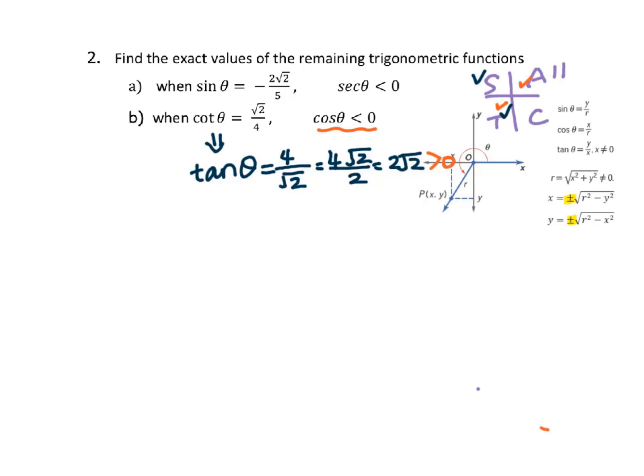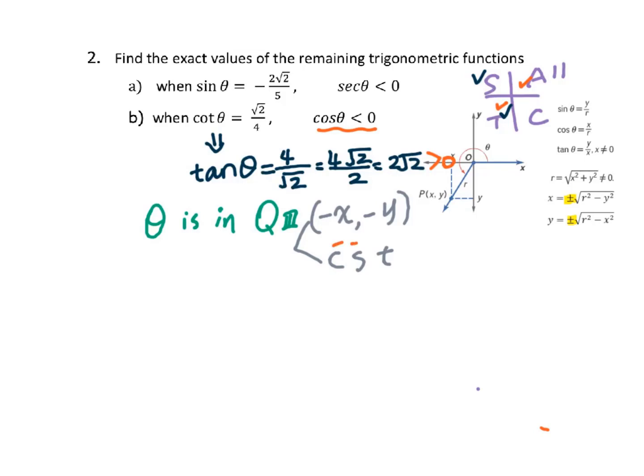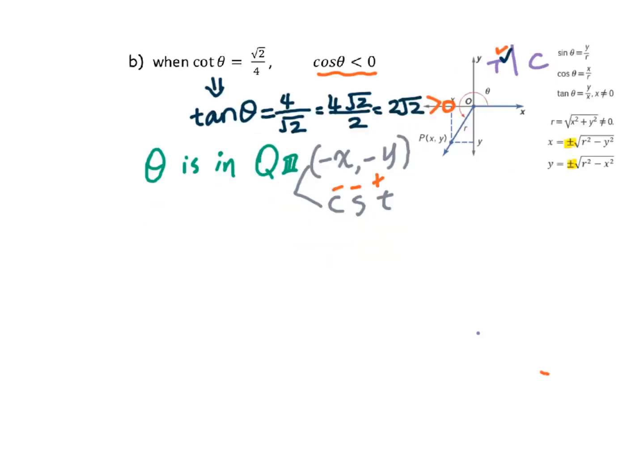Therefore, theta is in quadrant 3. We have negative x, negative y. Also, we have CST, meaning negative, negative, positive.